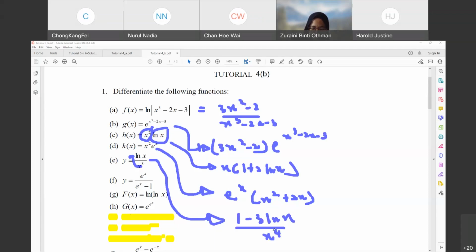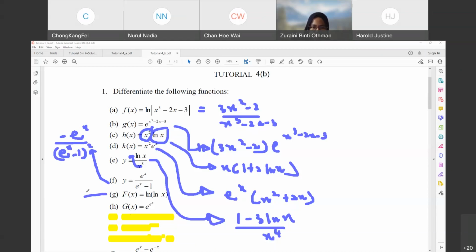And for f, yang ni, answernya ialah negatif eksponen x divided by eksponen x tolak 1 kuasa 2.